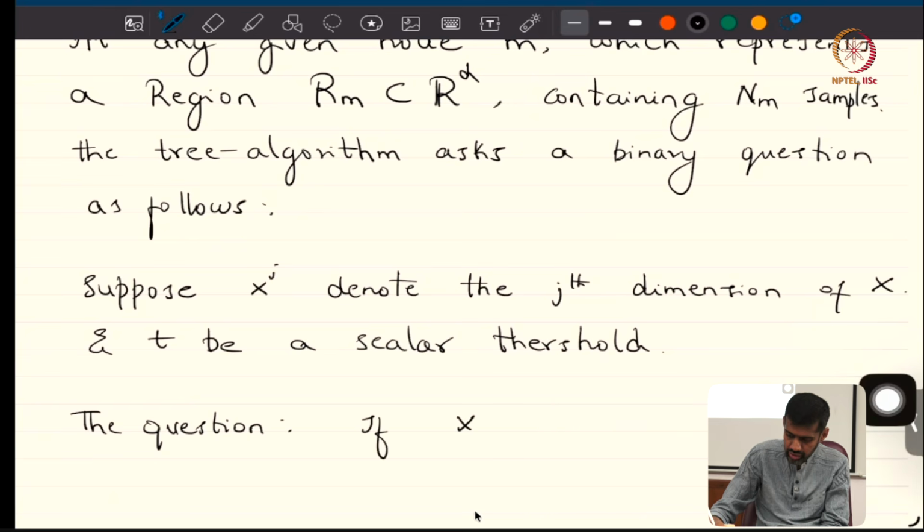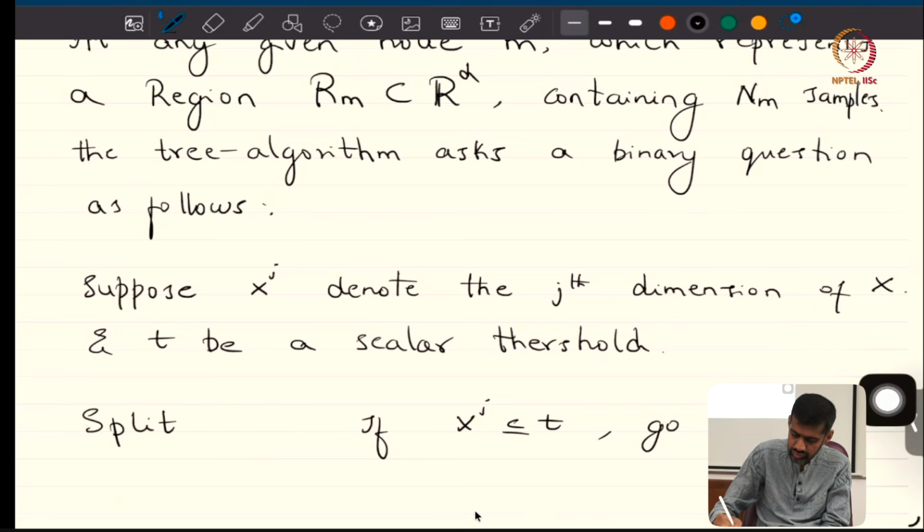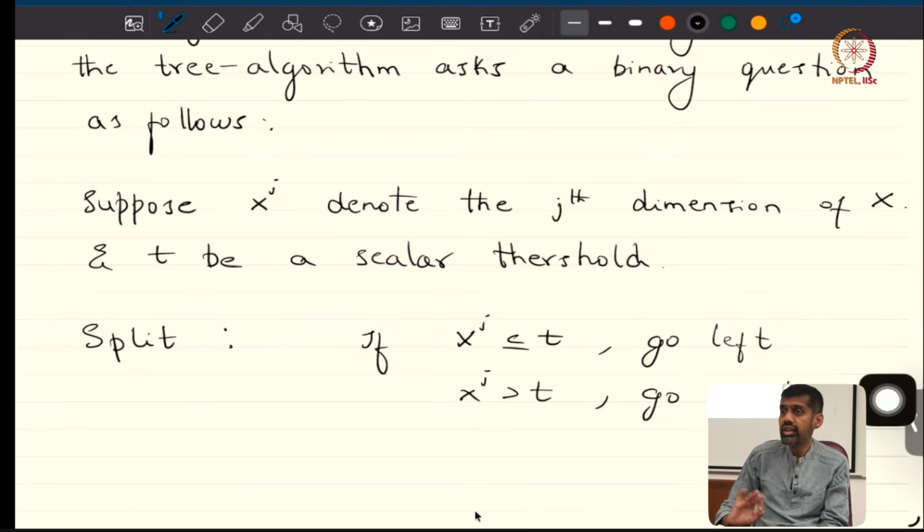I mean, not a question, we will see this as an algorithm, a split. If x_j is less than or equal to t, go left. If x_j is greater than t, go right. That is it. So, at every node, the split is defined this way: if the jth dimension of the data is greater than a particular threshold, take one branch, if it is less than it, take the other branch.